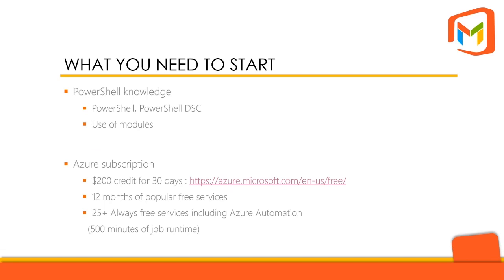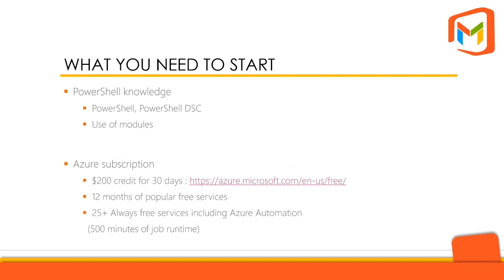If you want to do the configuration management part, you need to know as well what PowerShell DSC is and how to use it. You will see in my script that I use some modules, Azure AD modules, for instance. So in order to automate Office 365 administration, you need to know how to use PowerShell modules in your scripts.